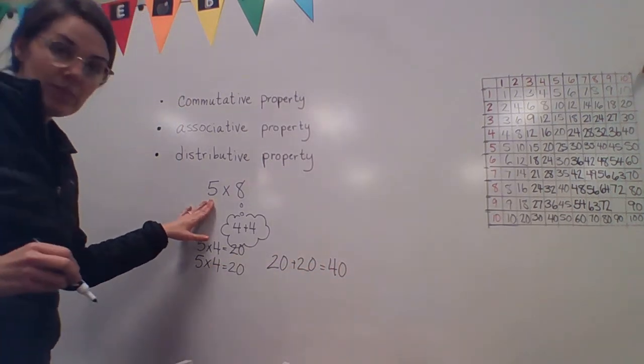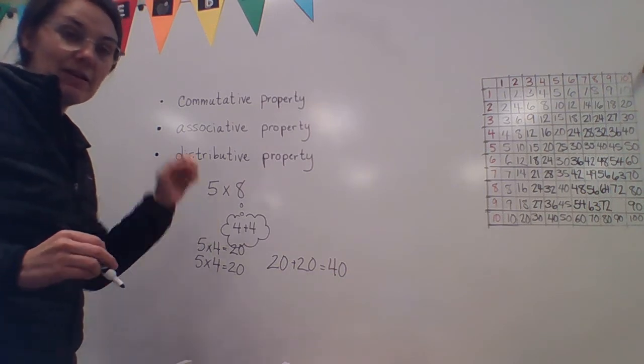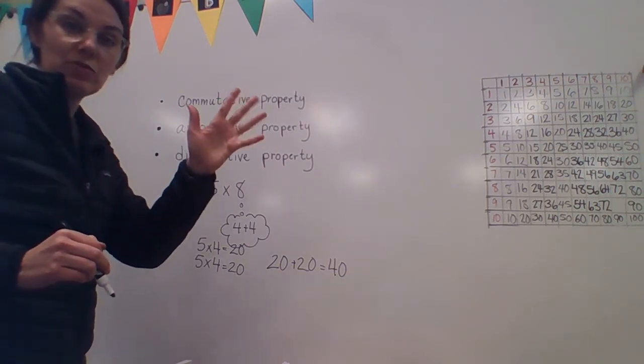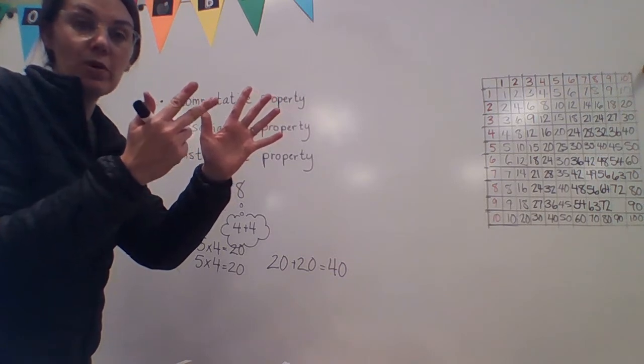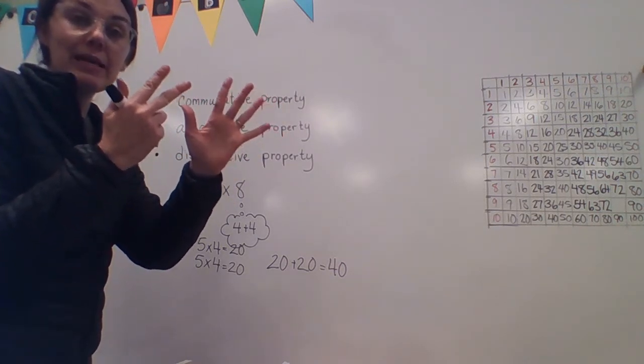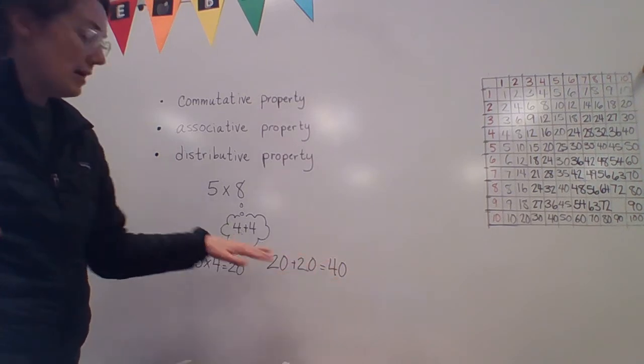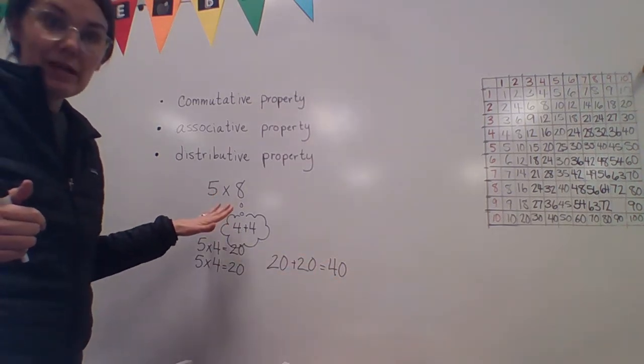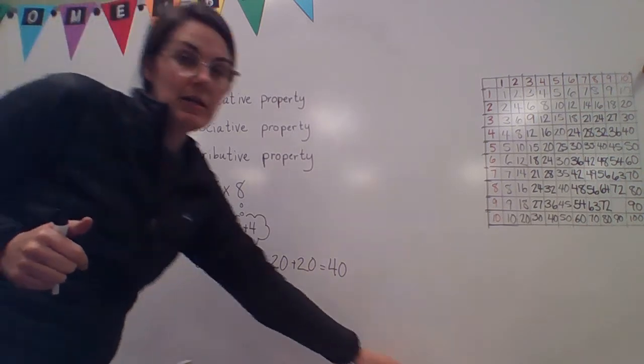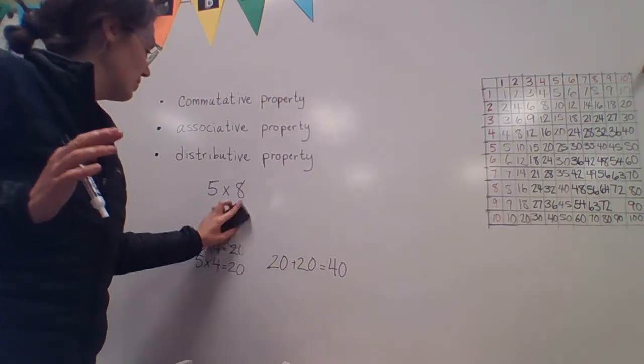Now I could also double check that by counting by 5s and saying I have 5, 10, 15, 20, 25, 30, 35, 40. That would be 5, 8 times. And so I would still get the same answer as if I break the 8 up into 2 4s, right? So same with 4, double doubles.